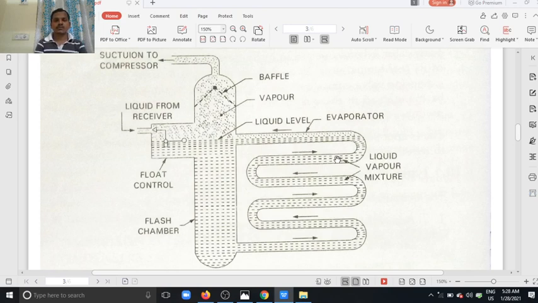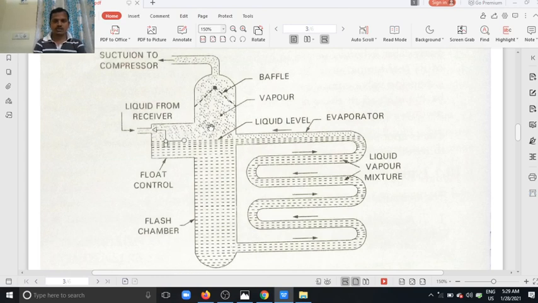This liquid refrigerant absorbs the heat from the refrigerated space and the phase changes, that is liquid to vapor. So this vapor is collected in this flash chamber. That's why it is called the flash chamber.